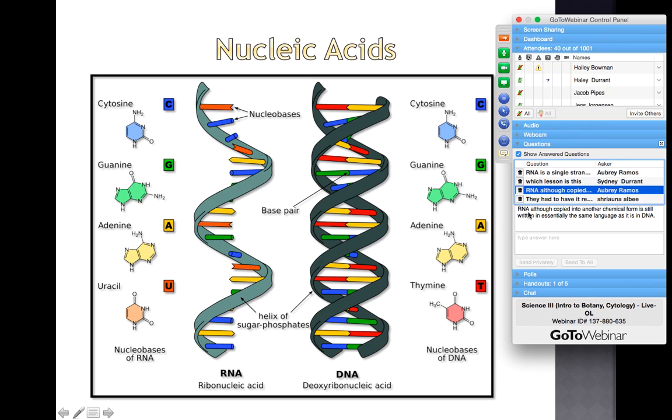Aubrey says RNA, although copied into another chemical form, is still written in essentially the same language as it is in DNA. That's right. Both of them are made out of nucleotides, and they are both done in the same way. So it's still the same language.